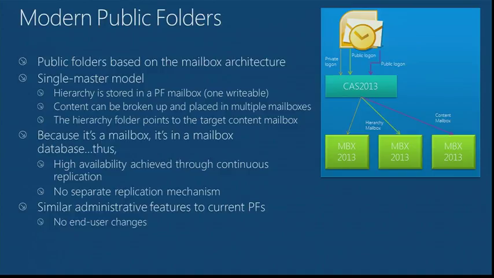So it'll look in the hierarchy, find out where that public folder is, and then go and access the mailbox that contains that content. And you can start out with one mailbox. You have your hierarchy in one content mailbox. As that gets larger or too full or you want to spread things out, add a second one or add a third one or add specialized ones for projects or groups or almost any way that you'd want to carve it up.